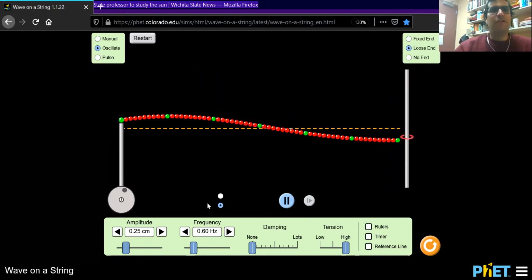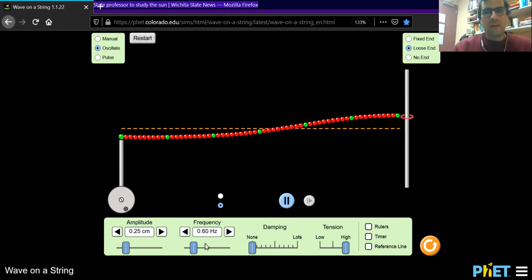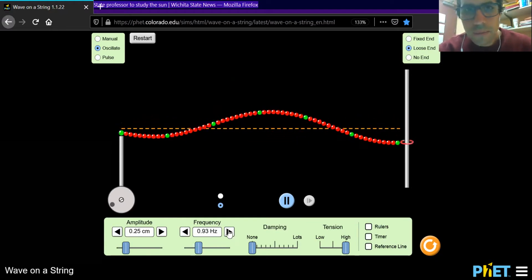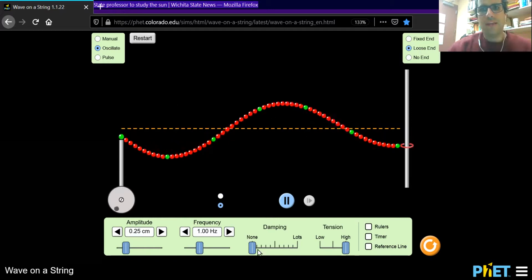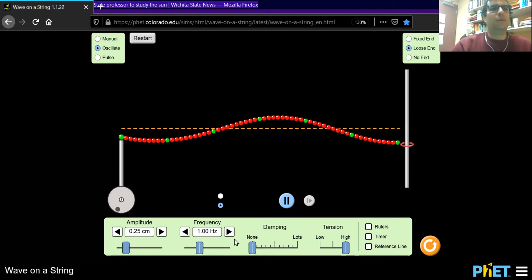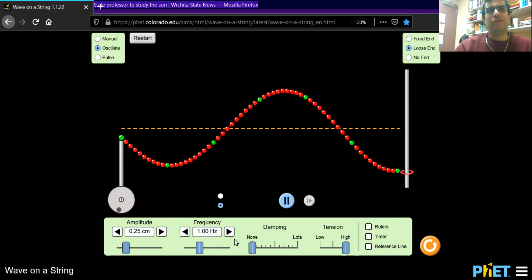So what would happen if I go to 1 hertz then? Again, damp it and then start over. What do I observe? Now you observe what you would expect for the next mode.